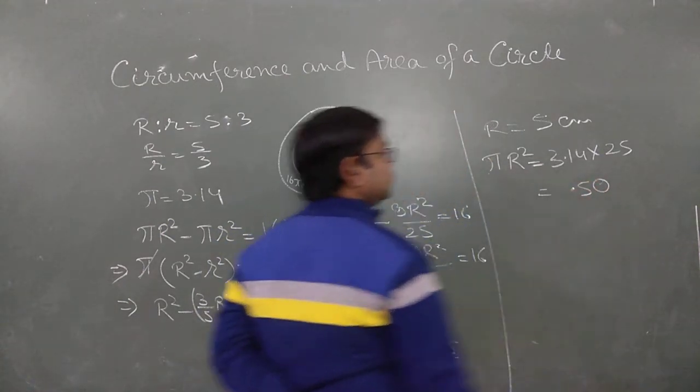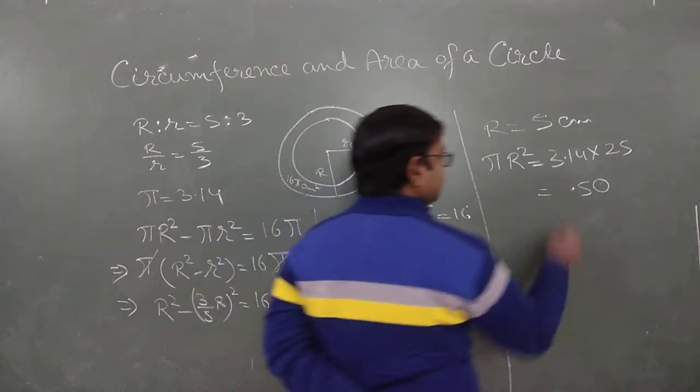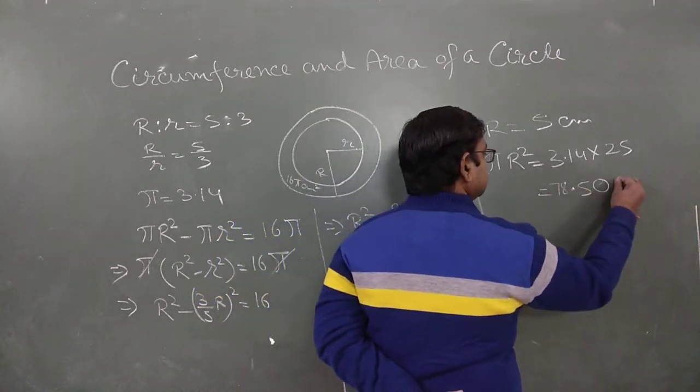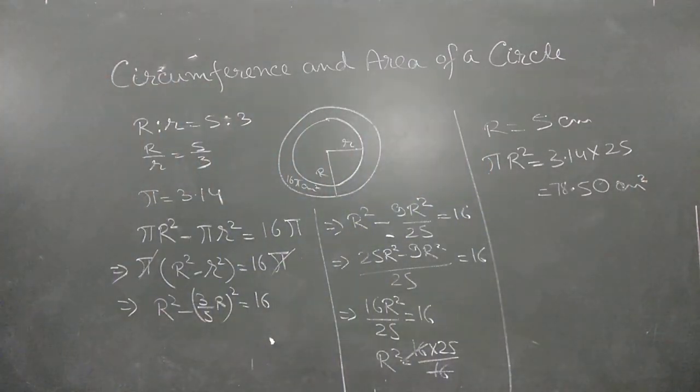Now we have the decimal, 25 by 3 is 75, and 78.5 centimeter square. Hope this one is clear to you. Move to the next part. If you think that there is any calculation error, you must write it down in your comment.